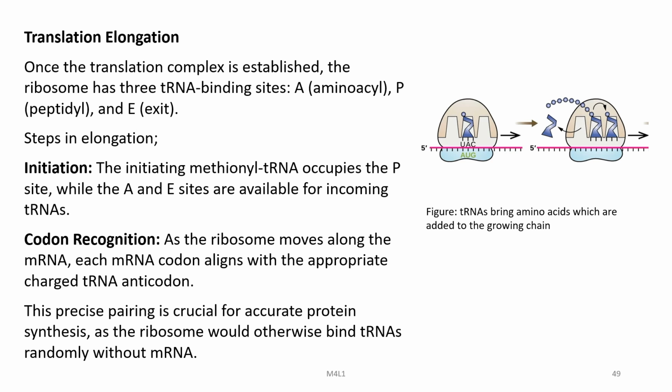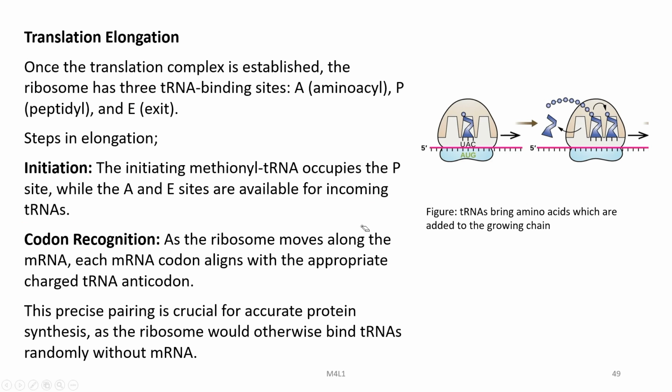Then translation elongation. Once the translation complex is established, the ribosome has 3 tRNA binding sites, A, P and E, aminoacyl, peptidyl and exit respectively. In initiation, the initiating methionine tRNA occupies the P site, while the A and E sites are available for incoming tRNAs.